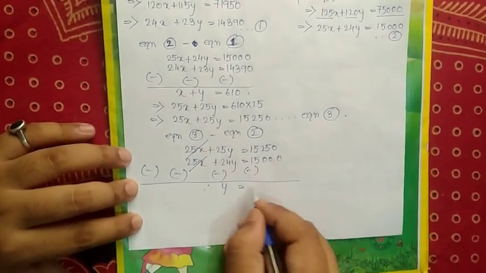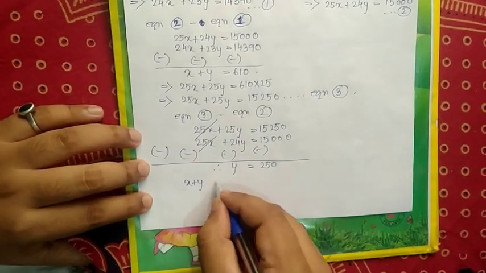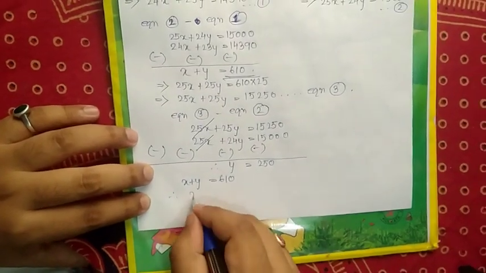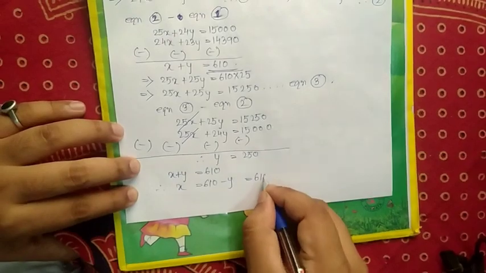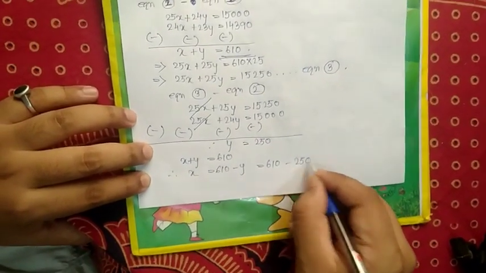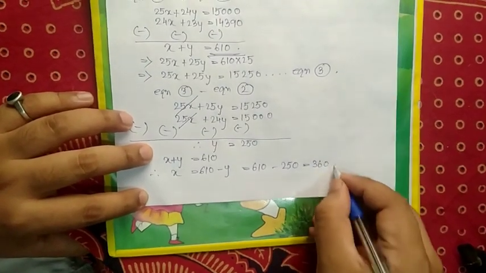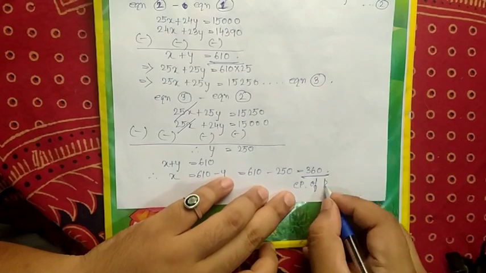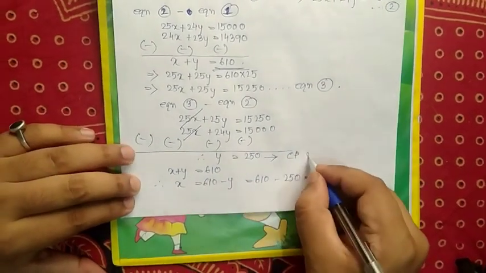Therefore y equal to 250. We know x plus y equal to 610, so x equal to 610 minus 250 equal to 360. Therefore the CP of pant is 360 and the CP of shirt is 250.